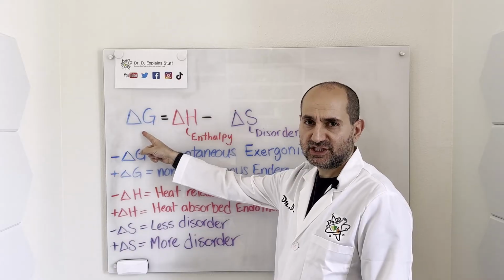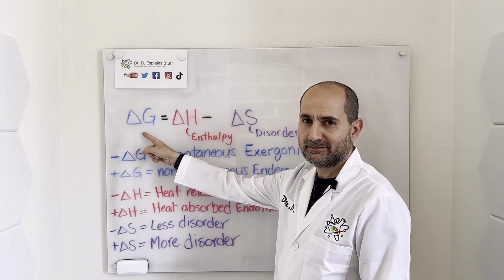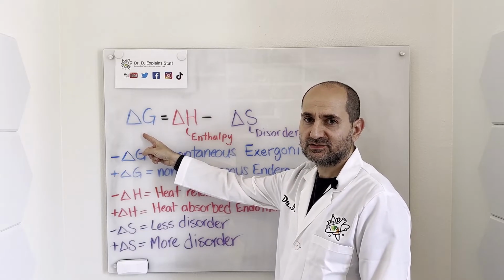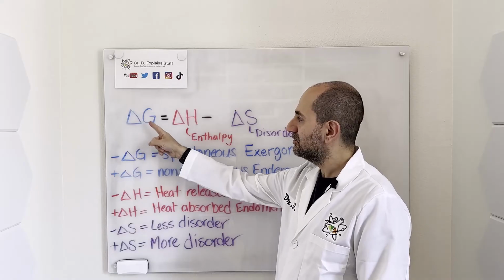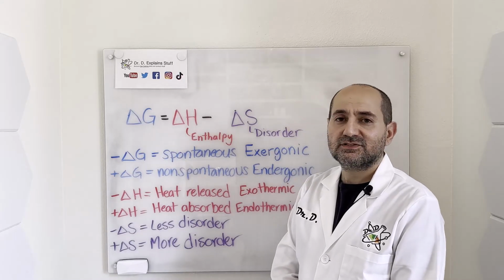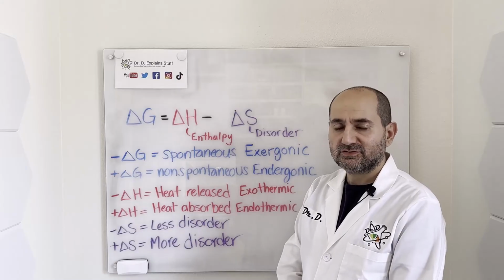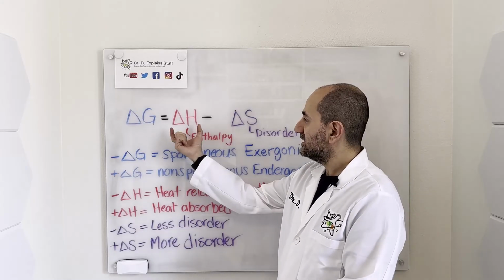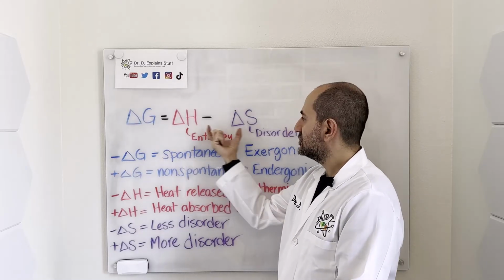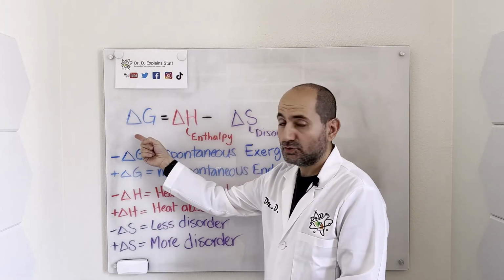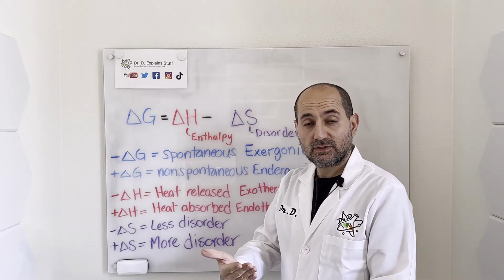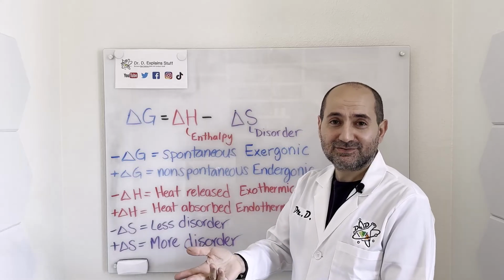If delta G is negative, okay, let me ask you this. If delta G is negative, what does that mean? That means it's a spontaneous process, right? So when the value of delta H and delta S give you a negative delta G outcome, then that's going to be a spontaneous process, right?